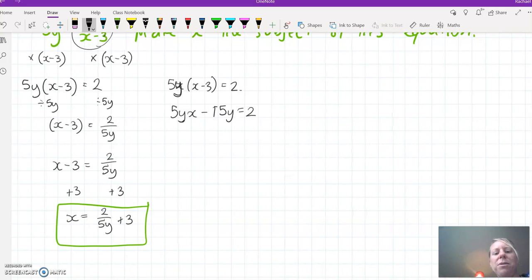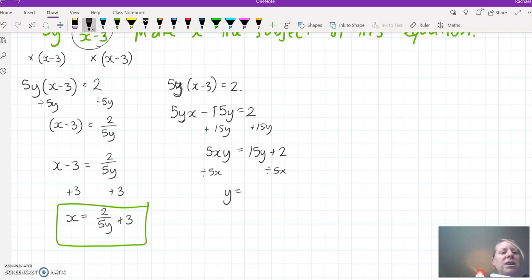You'll add 15y to both sides to get 5xy equals 15y plus 2. You remember yx and xy are the same thing, aren't they? And then we would have divided by 5 and divided by y. Oh, sorry, we're trying to find x, aren't we? Not y.